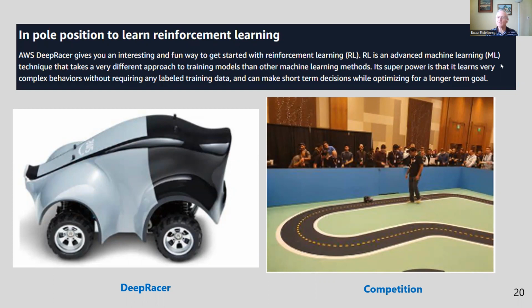Reinforcement learning is an advanced machine learning technique that takes a very different approach to training models than other machine learning methods. Its superpower is that it learns very complex behavior without requiring any labeled training data, as we saw earlier, and can make short-term decisions while optimizing for long-term goals.